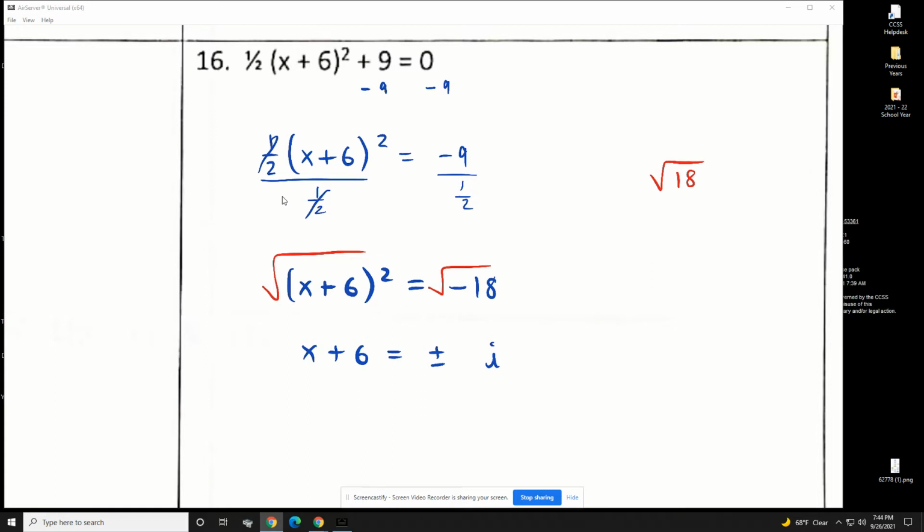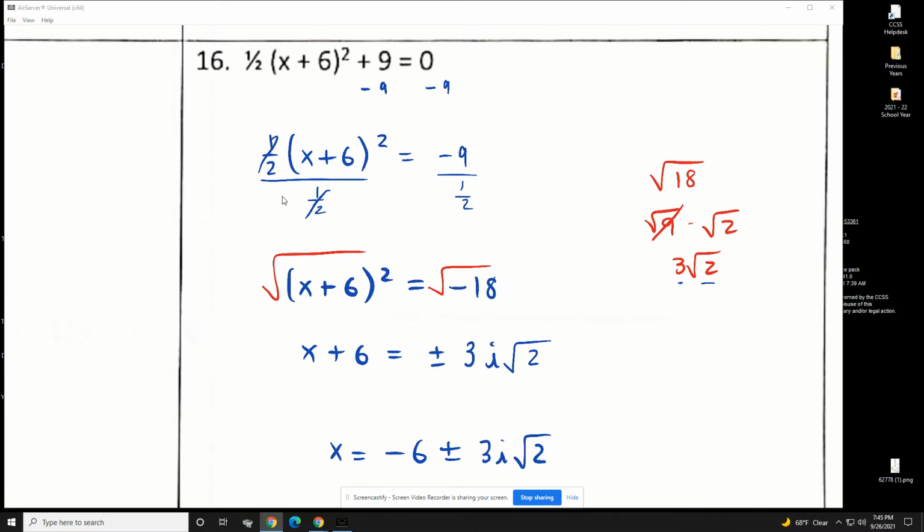So I want to find the biggest perfect square that does go into it though, and that is 9, and it goes in there twice. So this will break out as a 3, and that 2 stays stuck inside. So in this case, remember what we said the other day. We put the 3 in front of the i. We put the square root of 2 afterwards. So my answer when I subtract that 6 is negative 6 plus or minus 3i times the square root of 2.